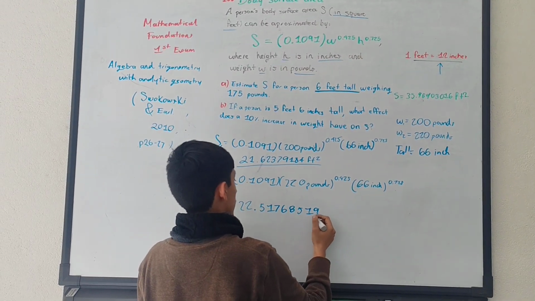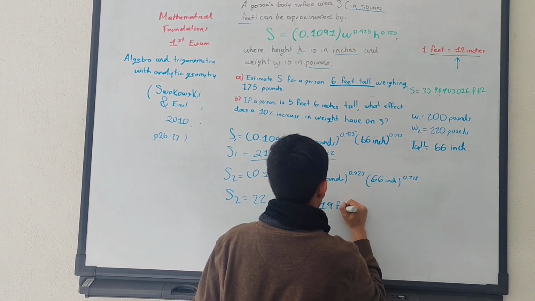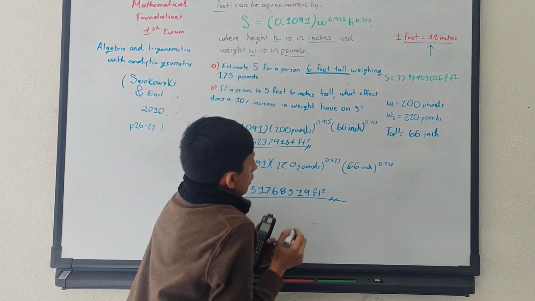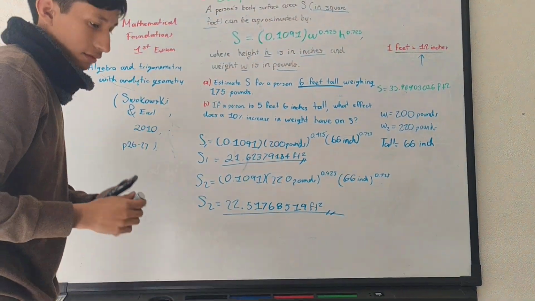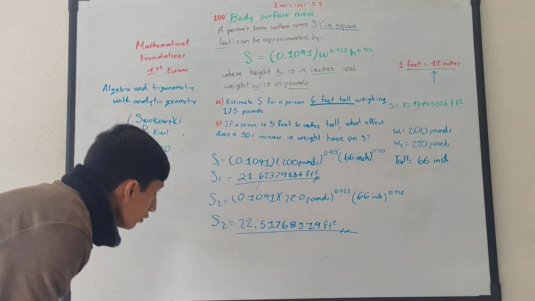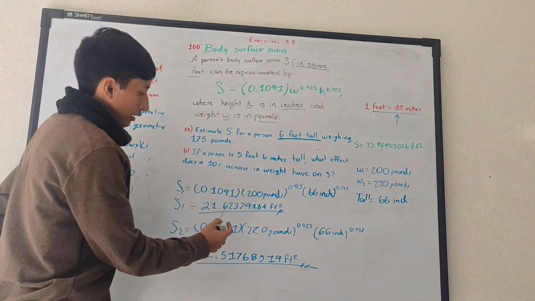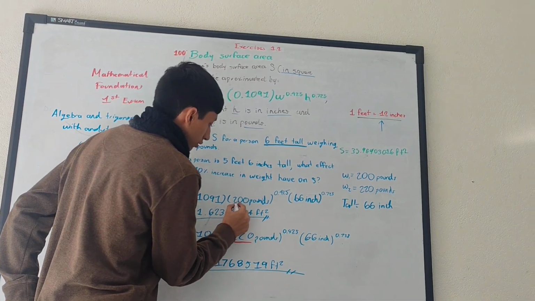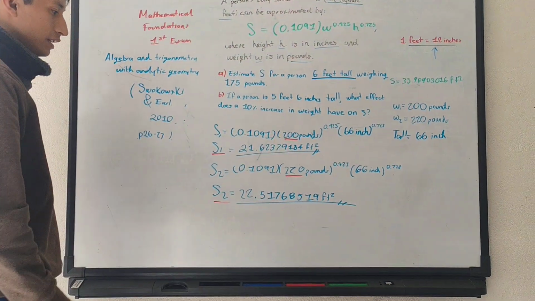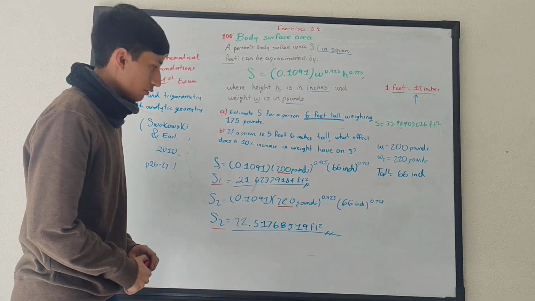Sorry, I was going to say 19, but it is not mentioned like that. So then we have the comparison right here, and we can conclude that if the weight of the person increases, the surface of his body is going to increase too.